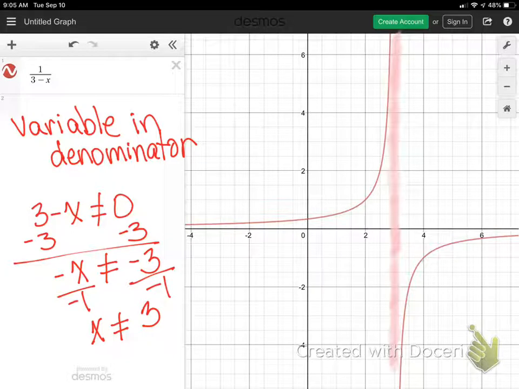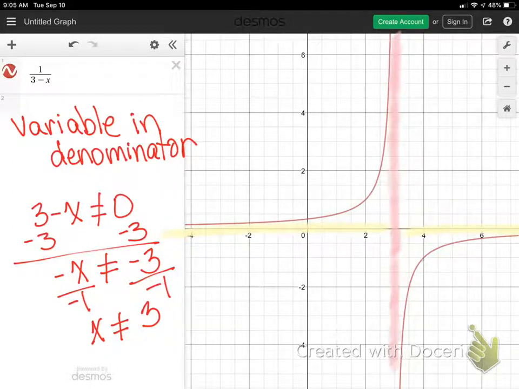Now I want to write that x cannot be 3 in interval notation. So we are focusing on the values of the x-axis. That means my x value can be anything here, any of these values, and it can be any of these values.